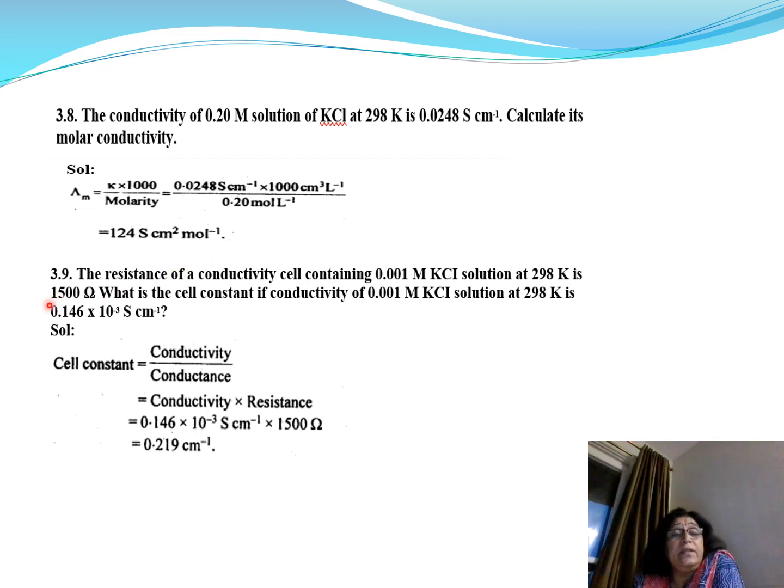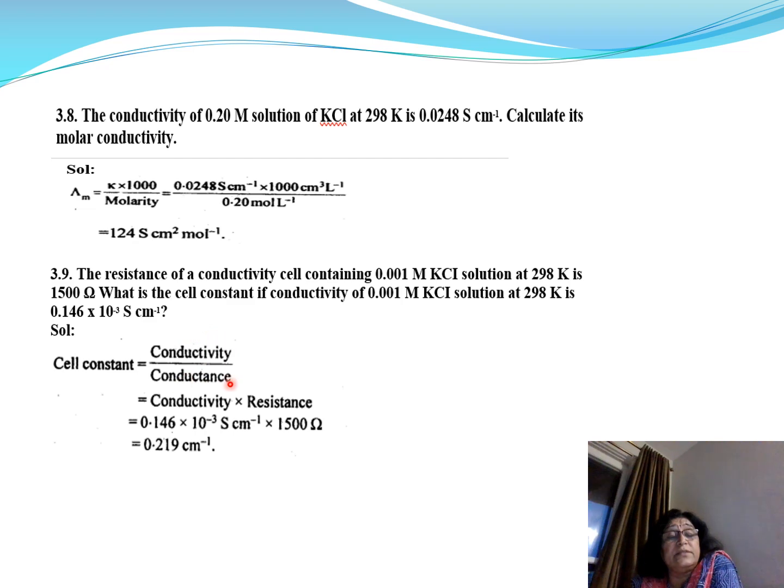Clear? Then the resistance of a conductivity cell containing 0.001 M KCl at 298 Kelvin is 1500 ohm. What is the cell constant if the conductivity of 0.001 M KCl at 298 is 0.146 into 10 to the power of minus 3? So cell constant is what?